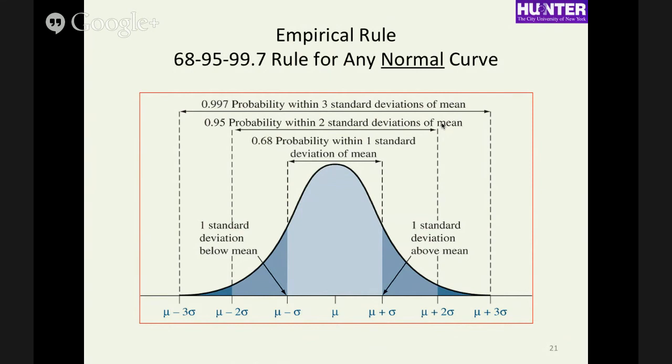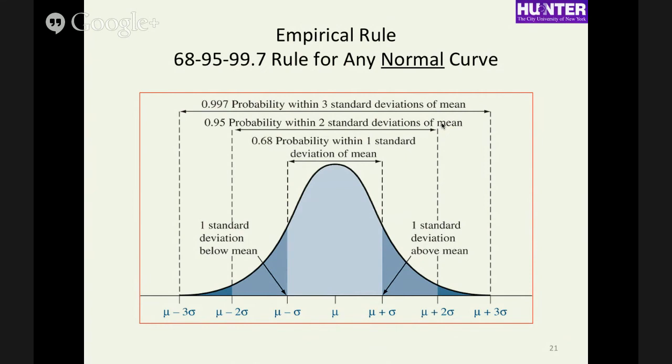It's a thing that will allow you to do a quick calculation in certain cases without having to look at the table. You could get by without knowing the empirical rule at all, as long as you knew how to look up values in that table of the normal distribution.